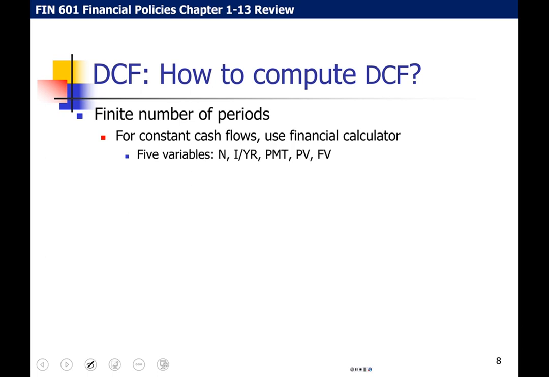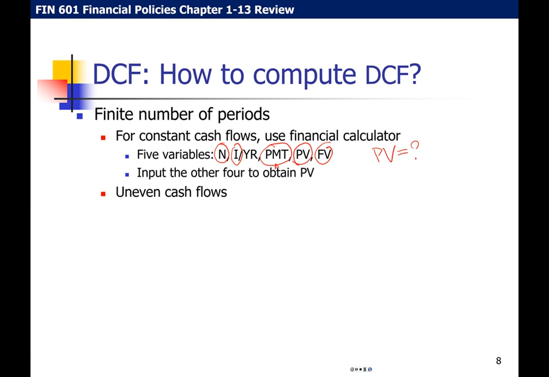And then there are 5 variables: the number of periods, the interest rate per period, the payment, which can be coupons or dividends, and then the present value and the future value. So when you're performing discounted cash flow, typically we have 4 of the pieces of information, and all we need is to find the present value. So what we need to do is input the other 4 to obtain the present value.